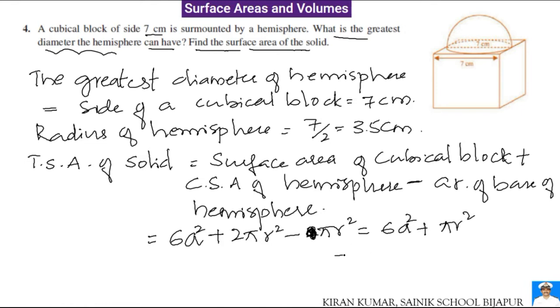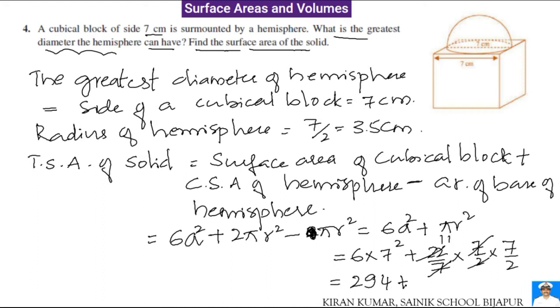We'll be getting 6 times 7 square plus 22 upon 7 into radius 7 by 2. So 7 gets cancelled, 2 11 times. We'll be getting 294 plus 38.5, which is 332.5 centimeter square. This is the area of the solid.